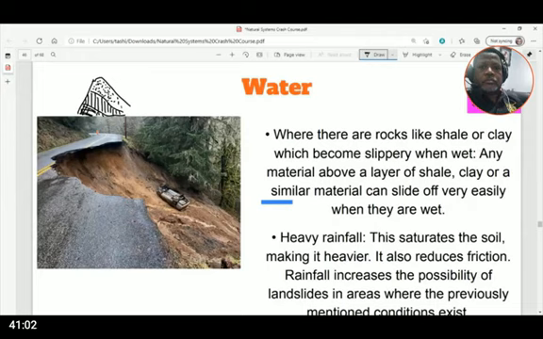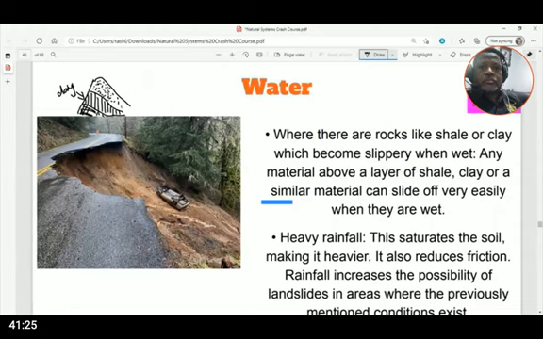So when it is raining and the water is percolating or coming through, seeping below, since this is my clay layer, when we have lots of material around clay, I don't know if you've played with clay before, but clay is very, very, very slippery.